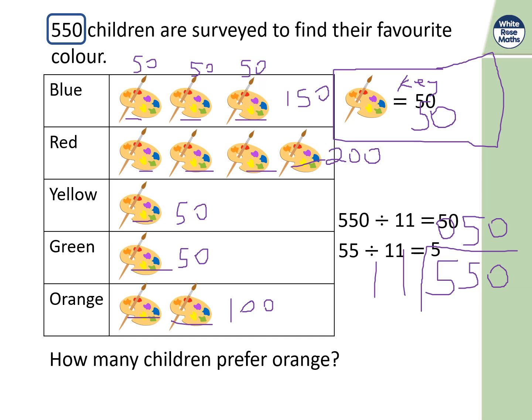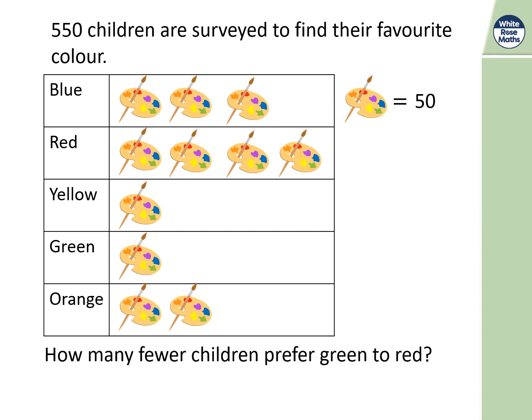So how many children prefer orange? That will be 100. So 50 lots of 2, or 50 plus 50, which is 100. The next question: how many fewer children prefer green to red? For green that's 50, and for red that's 200. Remember, 50 lots of 4, 50 plus 50 plus 50 plus 50, or 50 times 4, which is 200.